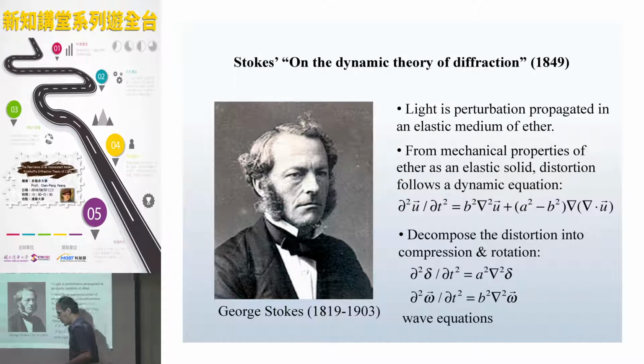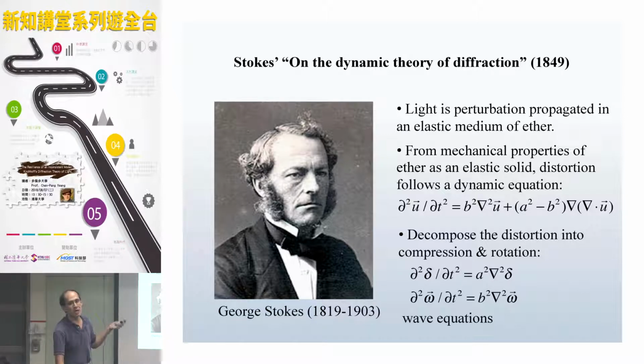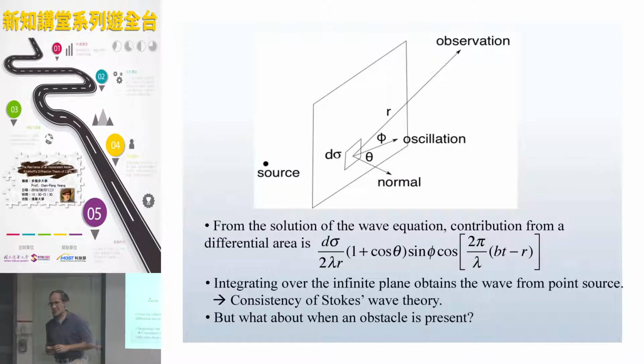Okay, so now we have the wave equation for ether, and the question is, how do you come up with the solution for the ether? Stokes' solution was complicated, so I will not try to explain the form of his solution. Instead, I will just highlight one result of his solution, which is the following.